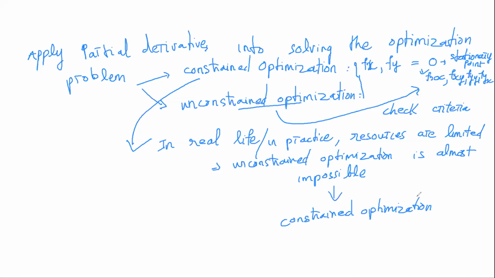Let's say you have a budget of $1,000 per month to consume for food, for electricity, maybe for other necessary demands as well. So in total you have only 1,000. It is a constraint.